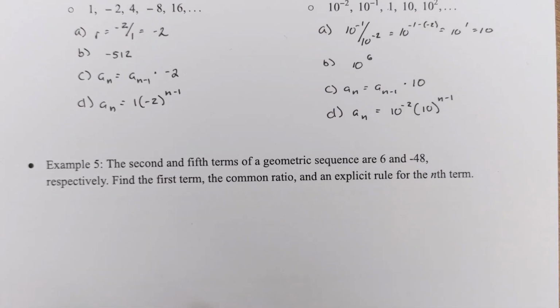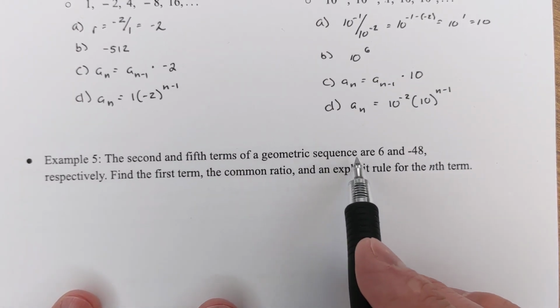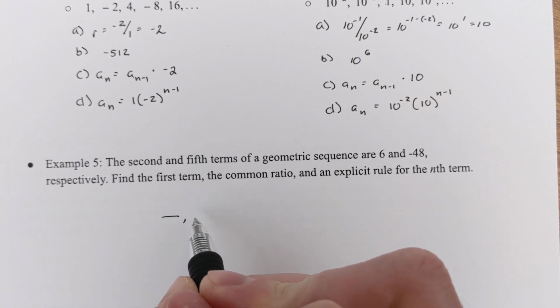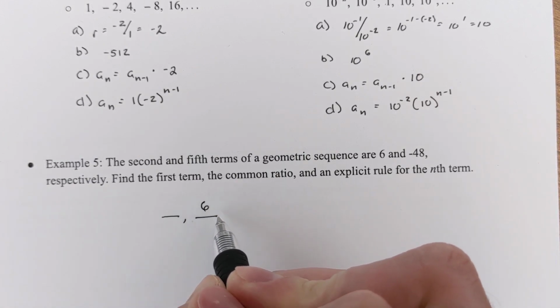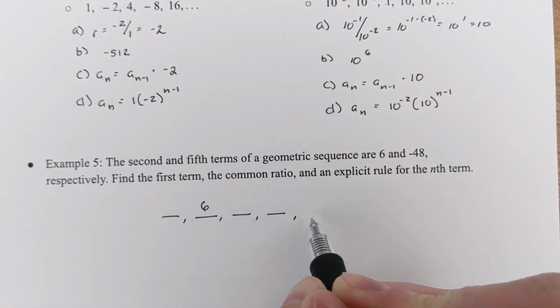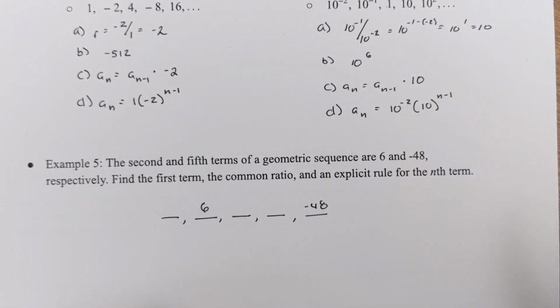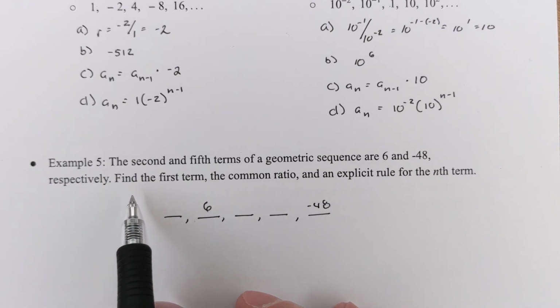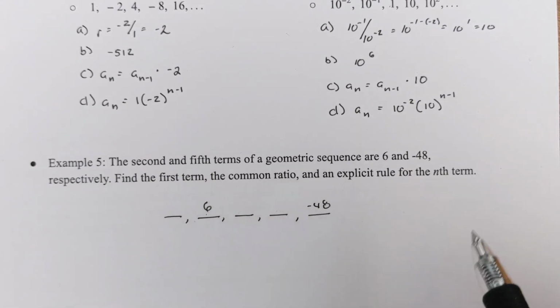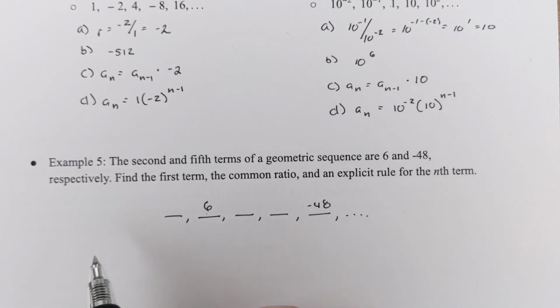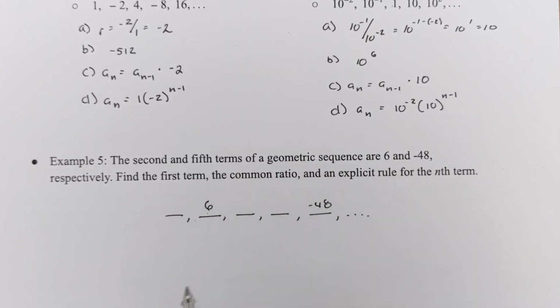Okay. So example 5, the second and fifth terms of a sequence. So second term is 6, third, fourth, fifth term is -48. Okay, so second, third, fourth, fifth. Find the first term, the common ratio, and the explicit rule for the nth term.